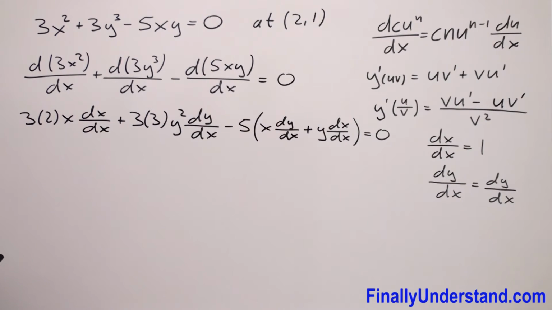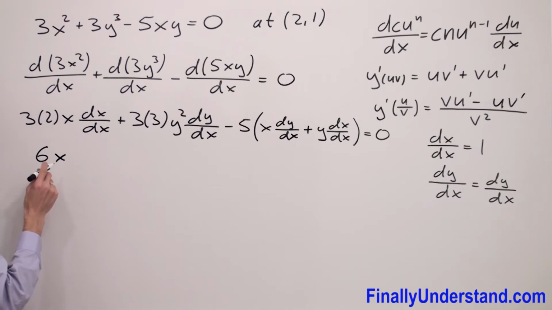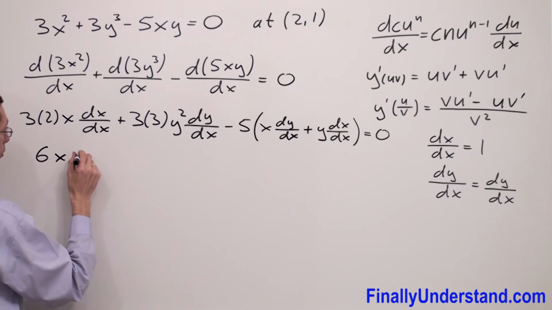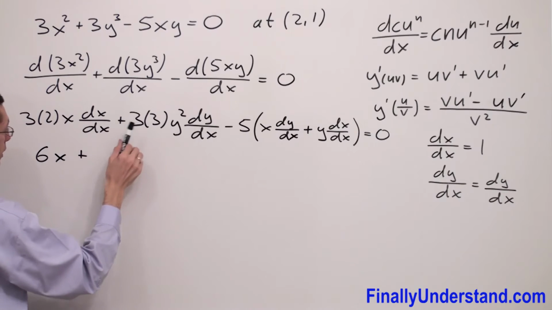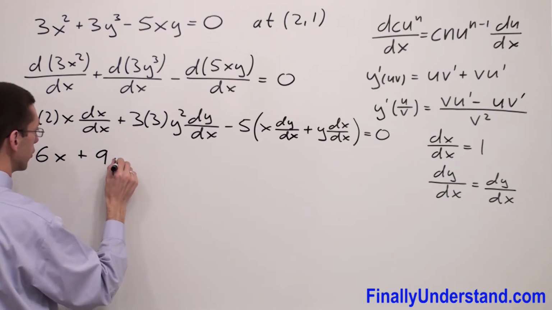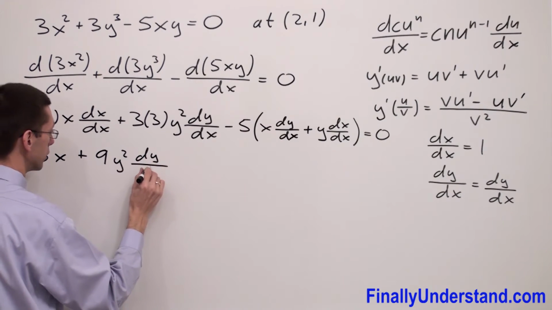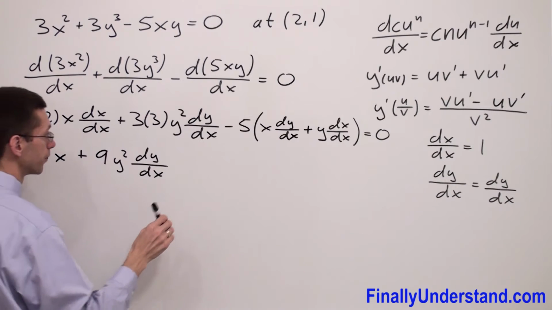Okay, so next we're supposed to multiply 3 times 2, so I have 6x, dx over dx is equal to 1, plus 3 times 3 is 9, and I have y squared dy over dx.